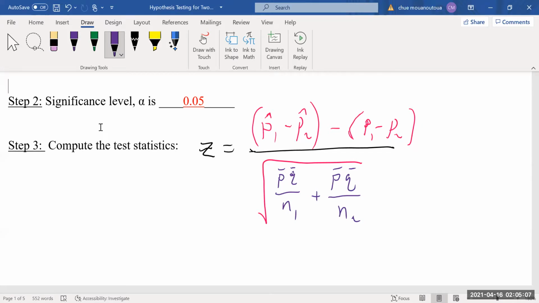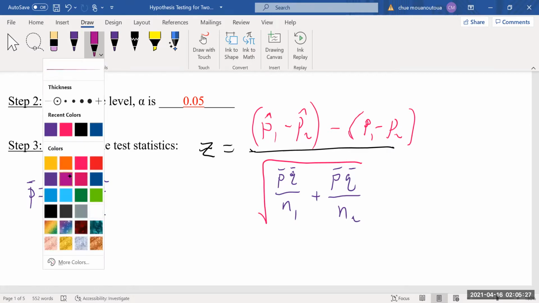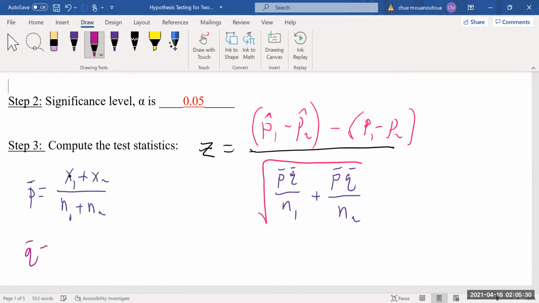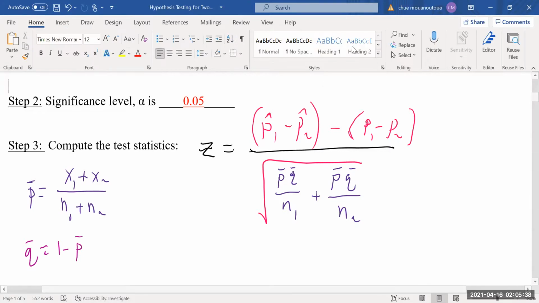Now don't forget that we're also told that P bar is x1 plus x2 divided by N1 plus N2. And then we also notice that Q bar is 1 minus P bar. Okay, so those are the formulas that we have to use for this.